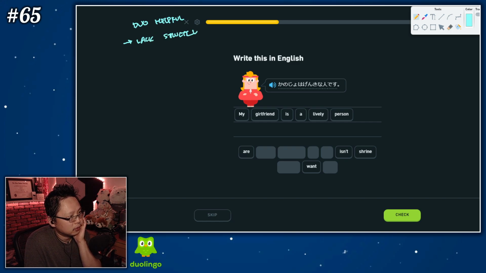If you're a person who needs structure, so these are some of your needs for learning a language or learning things in general, not just a language. So you lack structure, consistency, maybe motivation.